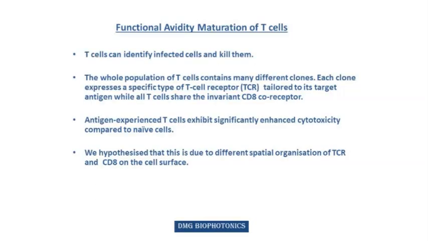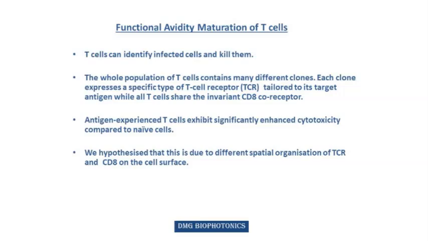T-cell functional avidity maturation was a long-standing problem in immunology. T-cells recognize and eliminate infected cells. Each clone expresses a specific type of T-cell receptor tailored to its target antigen, while all T-cells share an invariant CD8 co-receptor.